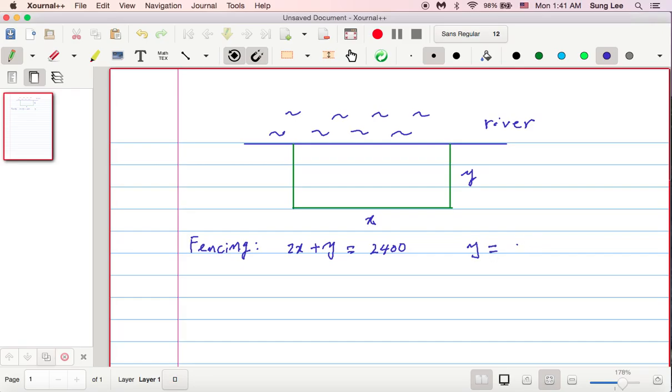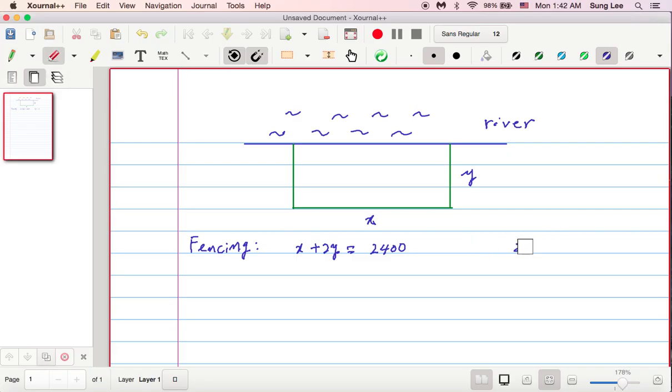So y is going to be 24... Something is not right. I didn't write this correctly, sorry. The fencing is x plus 2y, right? So that earlier one was incorrect. So x plus 2y is the correct fencing.